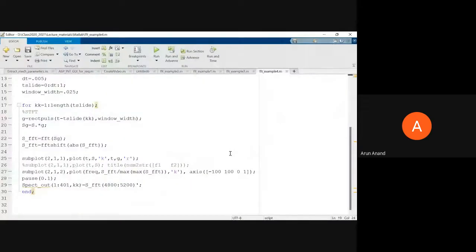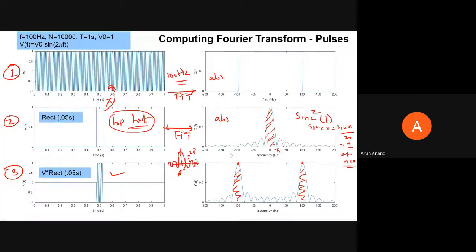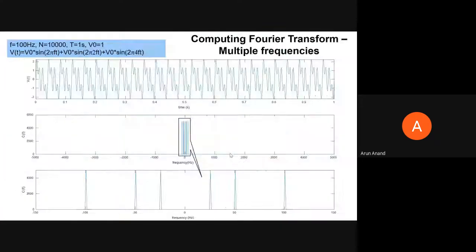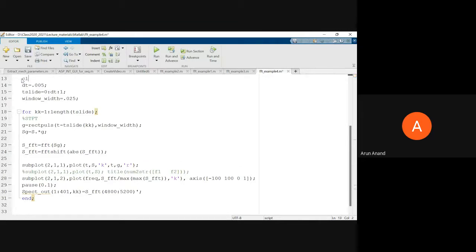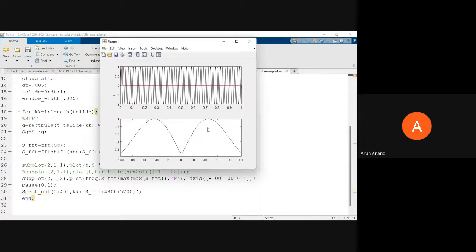I don't know if I haven't segregated those. I might have it somewhere. Just a second. I don't have it here. Let me just see. Rectangular pulse window. This is not for chirp, right? I think this is the one. Okay, let me run this thing. No, not this one.